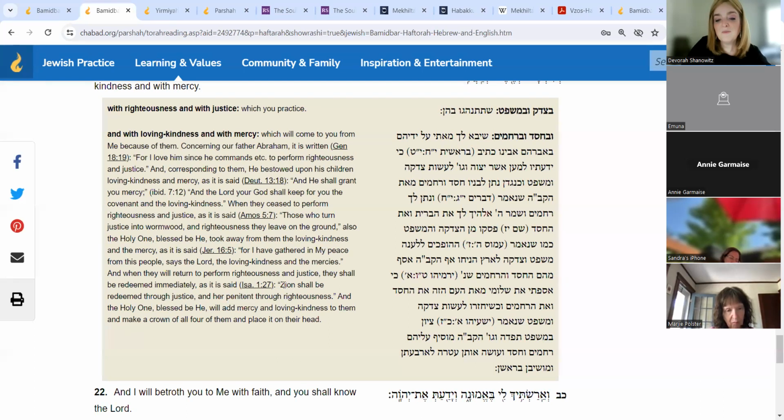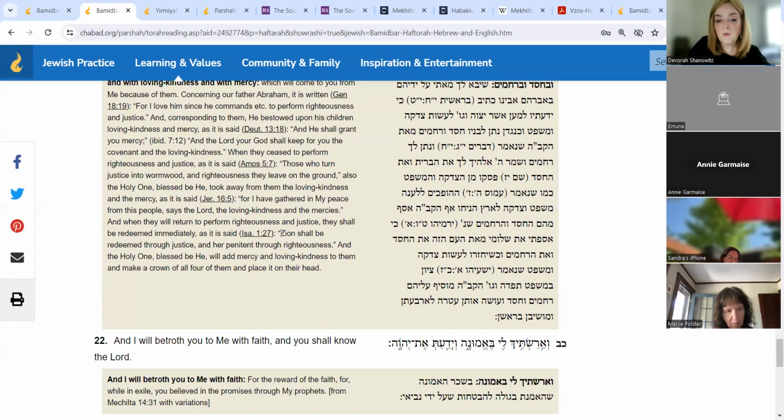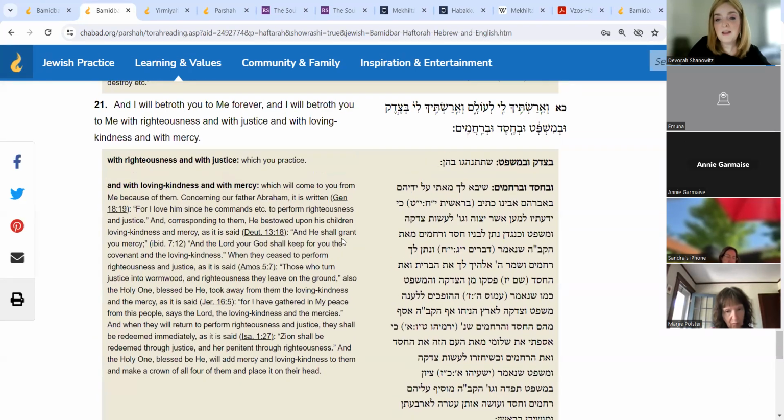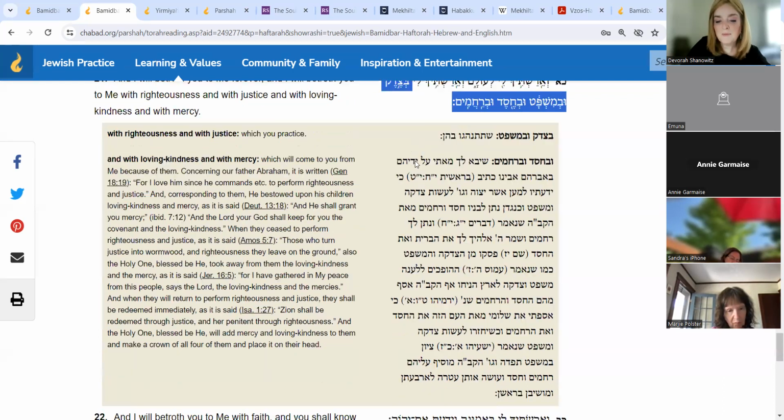So here we have in our Torah portion a prescription for redemption, which is that we are betrothed to God. God betrothed us with righteousness, with justice, with kindness, and with compassion.